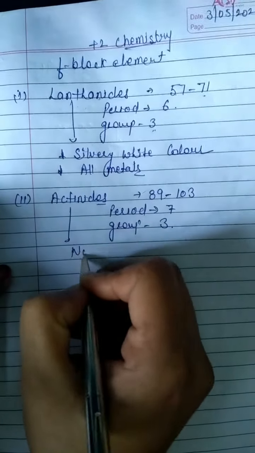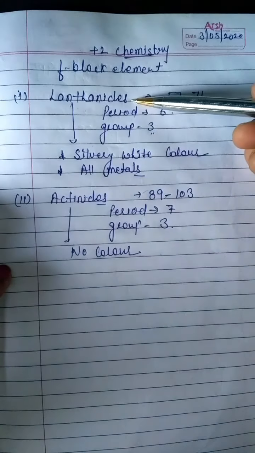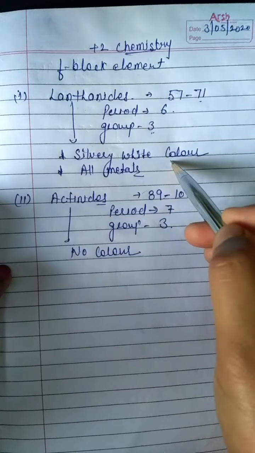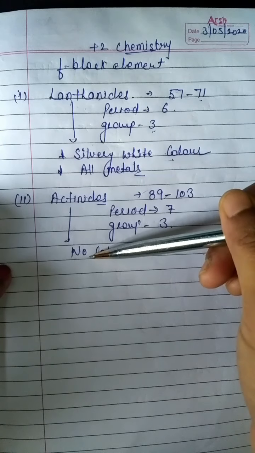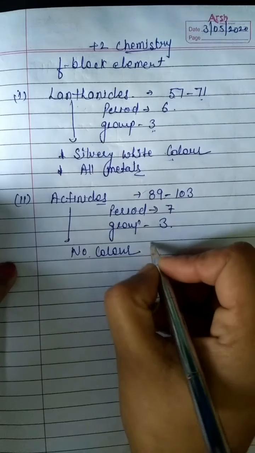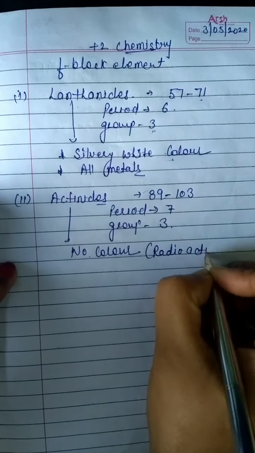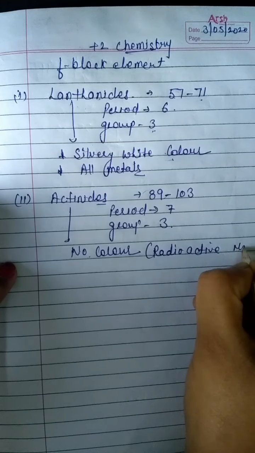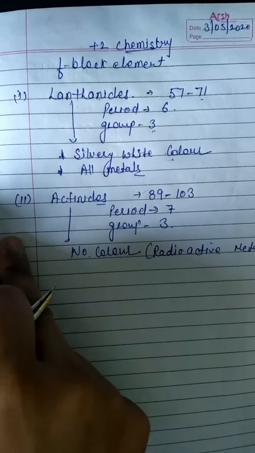There is no color. Firstly, the lanthanoid series is of a silvery white color, and secondly, actinoids have no color. These are all radioactive metals present in the actinoid series.